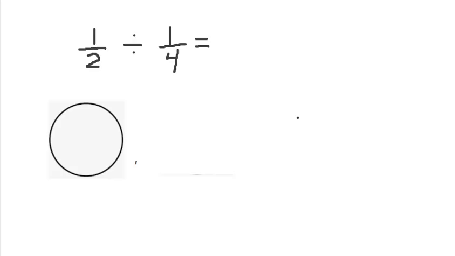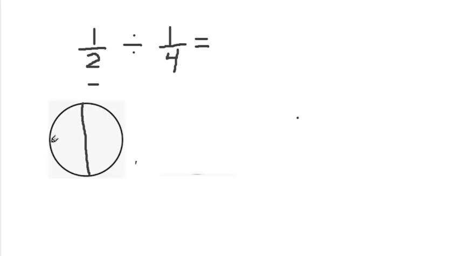Before I explain why it works to flip it, I want to show you a model of a division problem, 1/2 divided by 1/4. I really want you to understand what exactly it is that you're dividing. I have a pizza here, and I'm going to divide it in half because that's the equation, 1/2 divided by fourths. How many fourths are in that half?